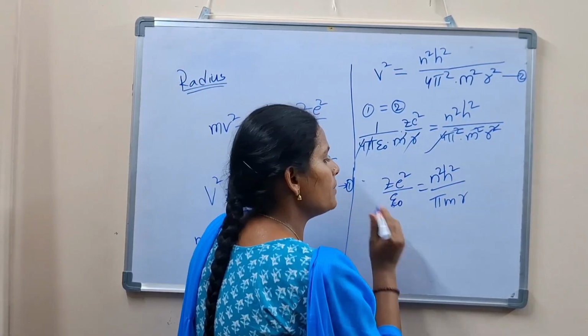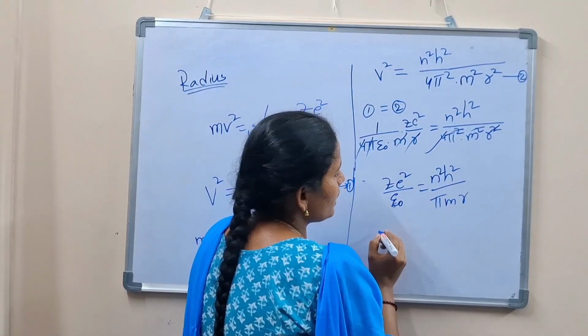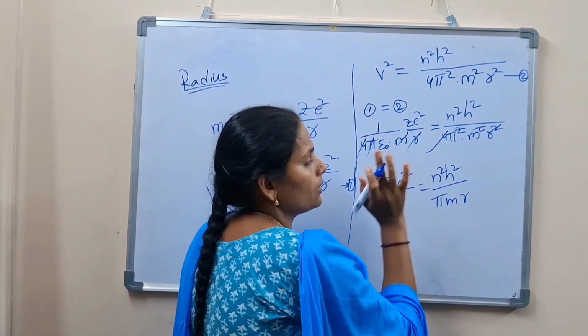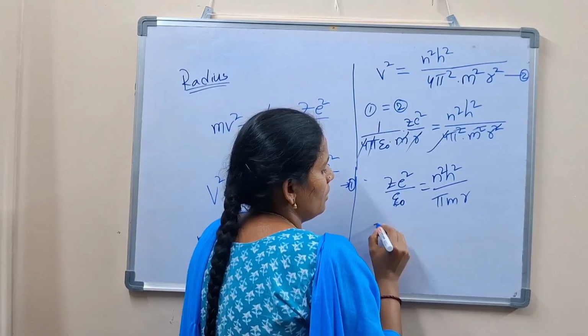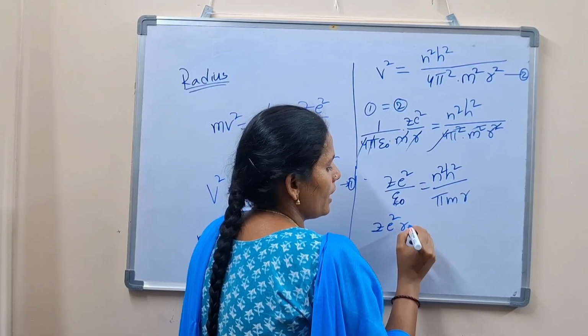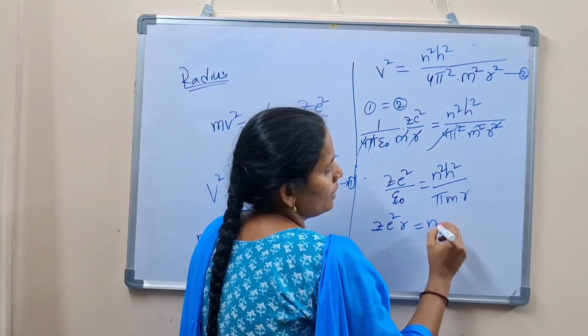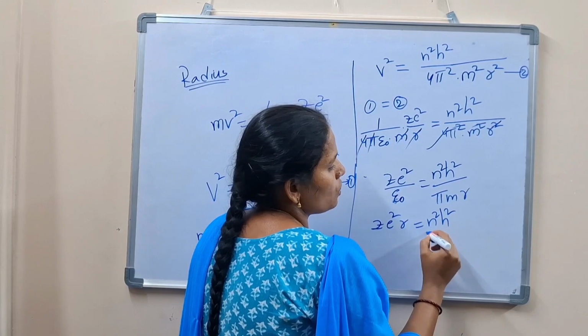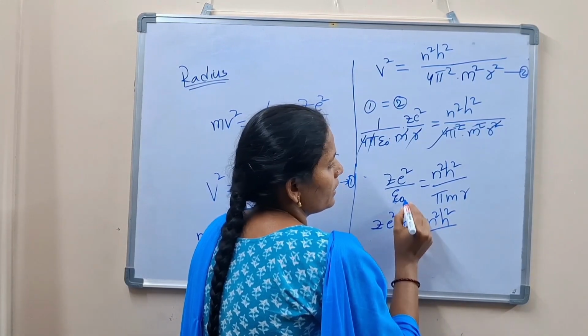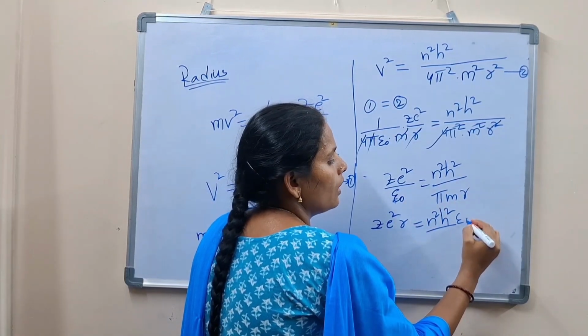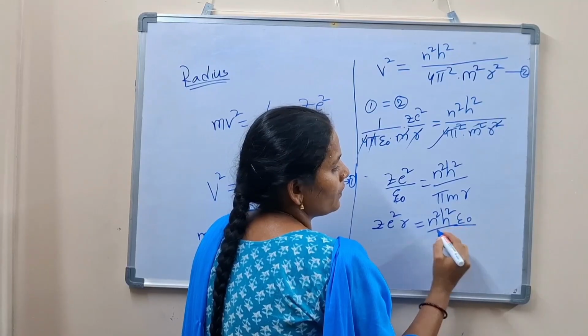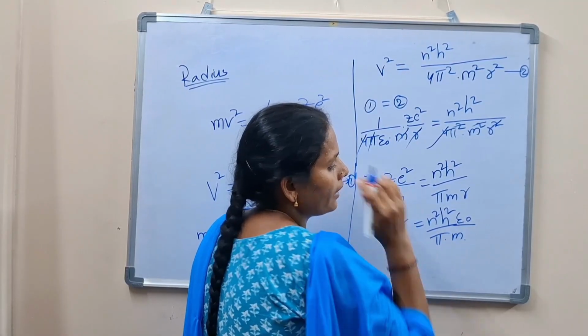From this we are multiplying with r by z square and this can be converted to that side. Then z square r equal to n square h square, epsilon naught comes to this side, epsilon naught by pi into m.